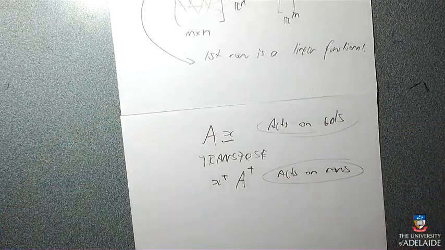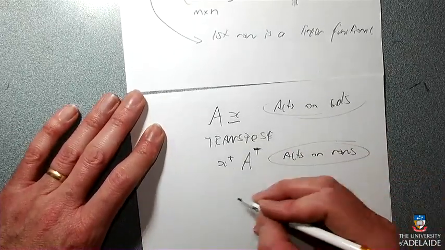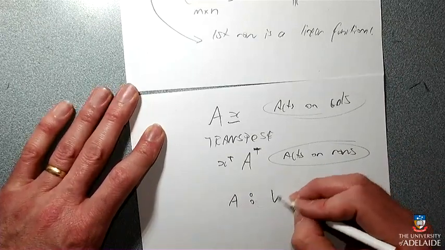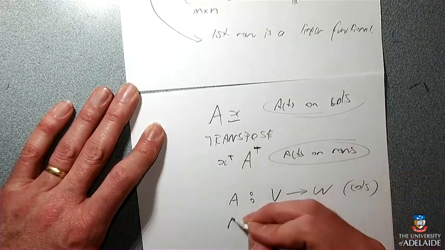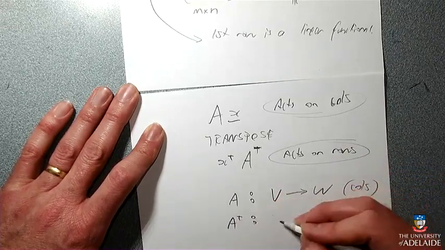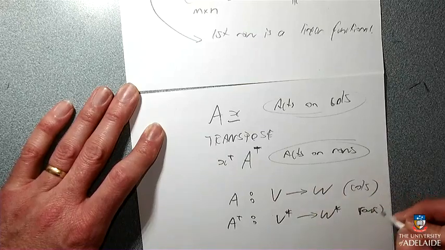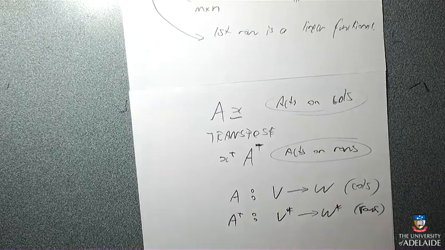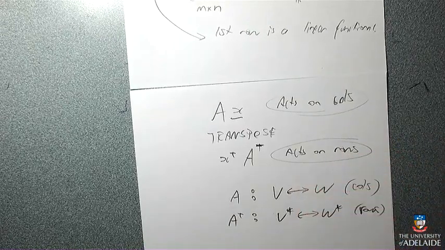So that makes me think that A, this is abusive notation, but A sends sort of V to W because it acts on columns, and A transpose will have to send, because it acts on rows, I think it's W, Q, whatever. I'll make that up in a minute, but that's my idea.